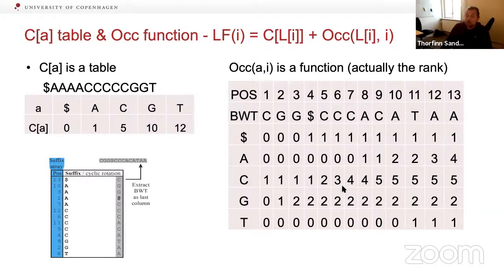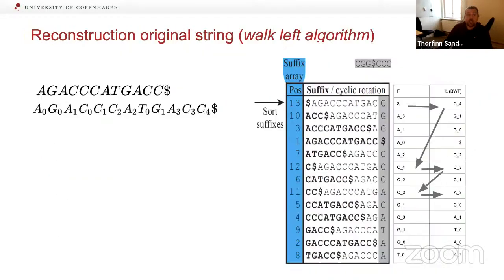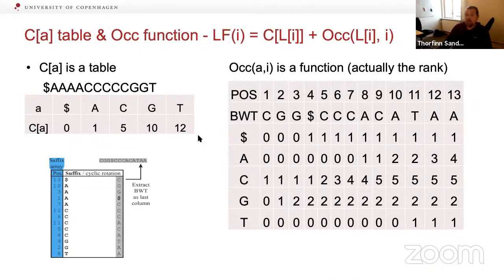And then similarly, we make this ranking function. This was the same procedure that I did over here manually. We make a table that looks like this. So we take our Burrows-Wheeler transform, and then we say we have a specific position and an A, then we want to know what the rank is. So for position 10, if we were looking at the A, then that would be our second A, so that would be the rank.